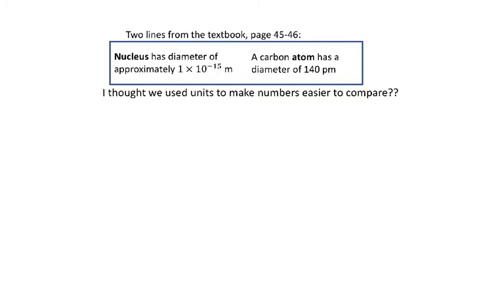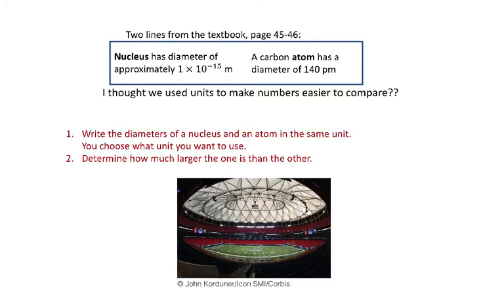So what I want you to do is write the diameters of the nucleus and of the atom in the same unit. So you choose what unit you want to use. And then determine how much larger the larger one is than the other, right? So you can pause this and do this by yourself, and then when you come back, we'll do it together.